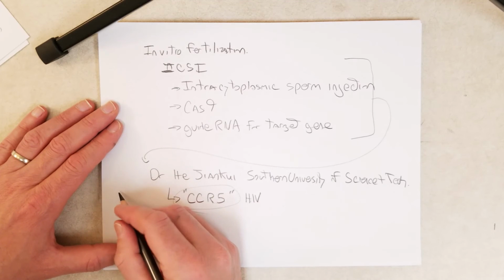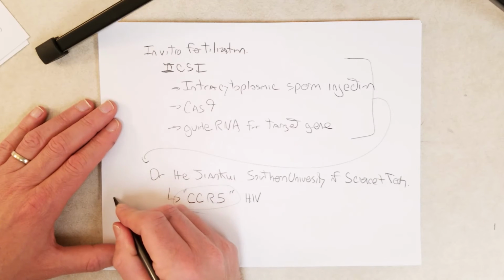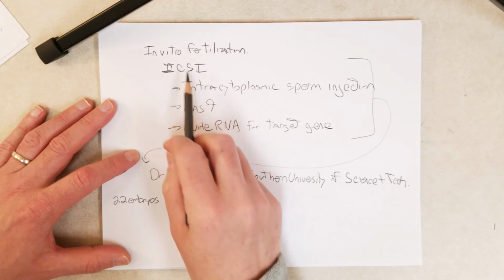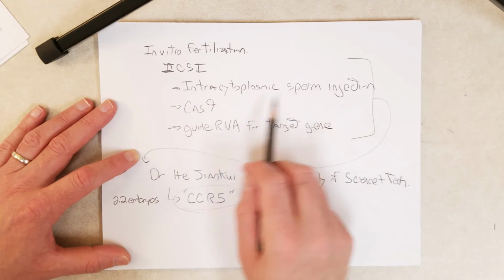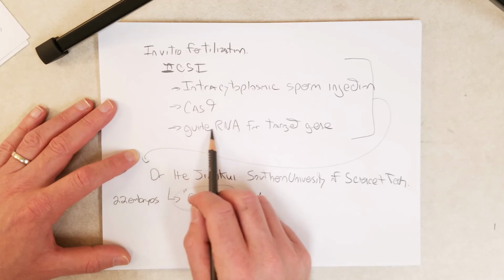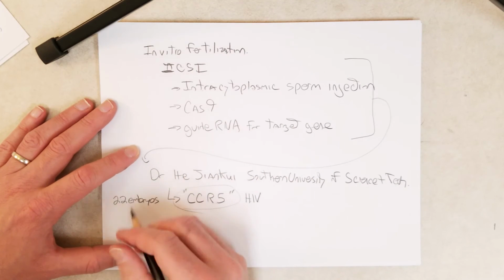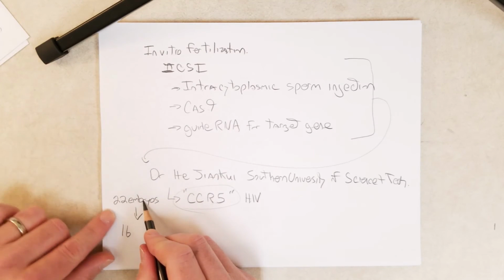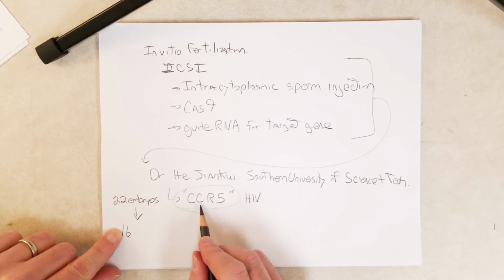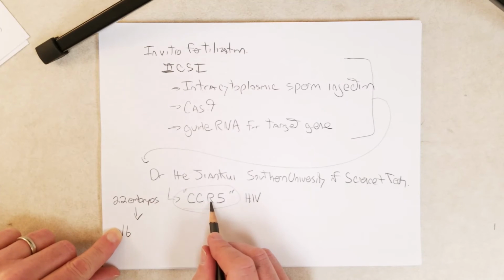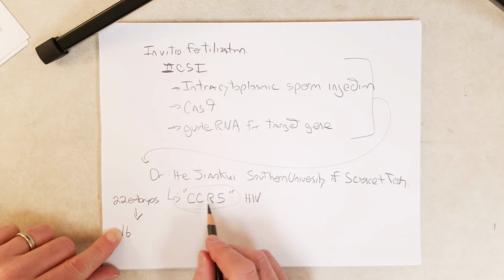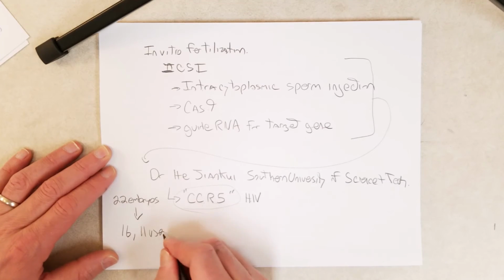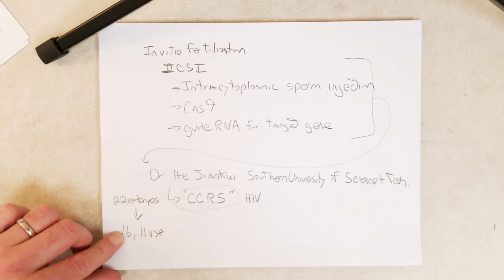But he told the Associated Press that he created 22 embryos, probably by this method, intracytoplasmic sperm injection, with Cas9, with a guide RNA for this gene. 16 were found to be edited or mutated for CCR5. Some were homozygous mutants, some were heterozygous mutants. Of those 16, 11, and how did he genotype? He probably genotyped with this method over here.